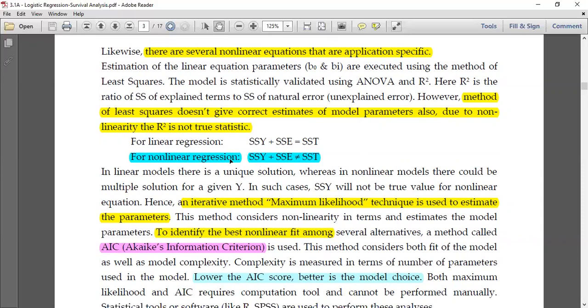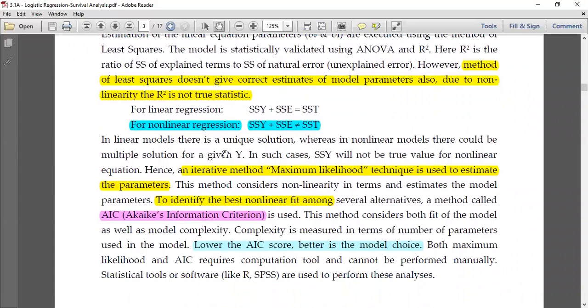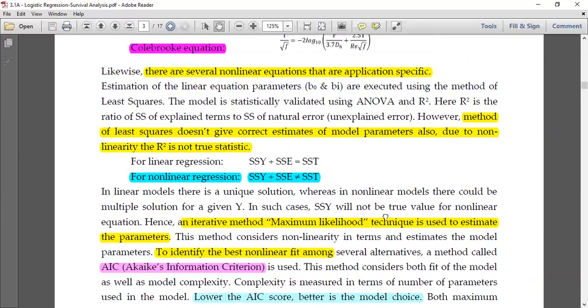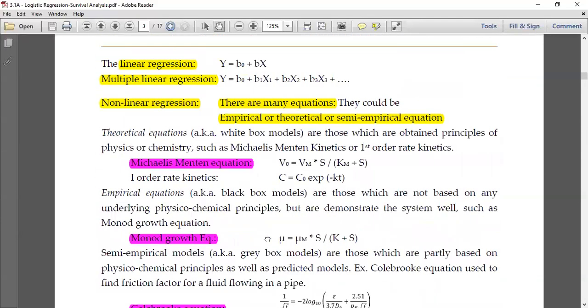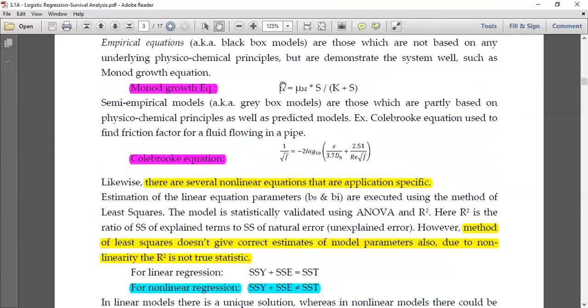But in the case of nonlinear regression, that is not the case. Just for example, take one case. Say you have an equation where you have multiple solutions for y. Y is a function of x. For a given value of x, you may have multiple values of y. If you remember well how we calculate SSY, we take the fit and actual values.